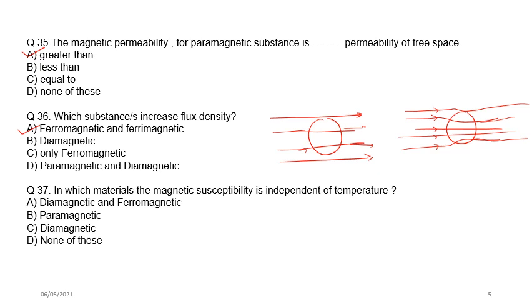So ferromagnetic and ferrimagnetic is the answer. Here there are some options. Only ferromagnetic is not true, because even ferrimagnetic materials are substances which increase the flux density.